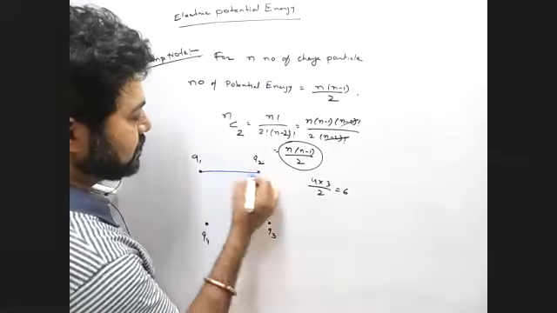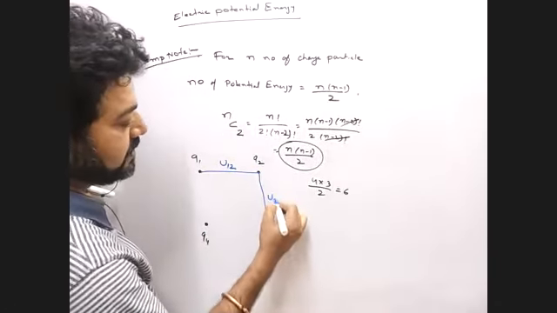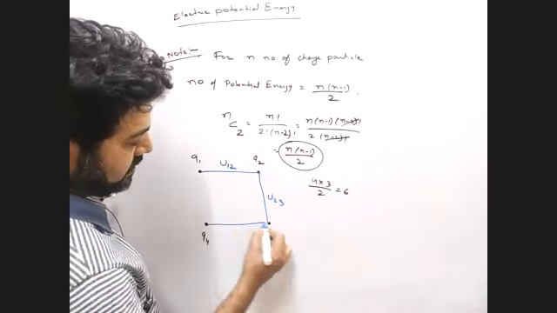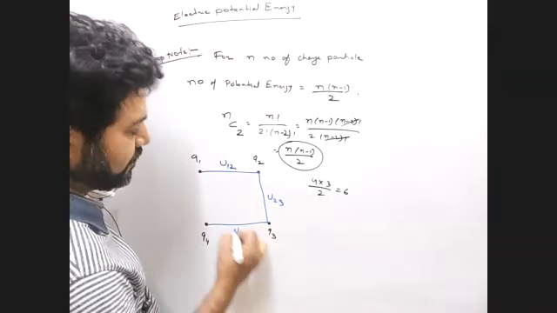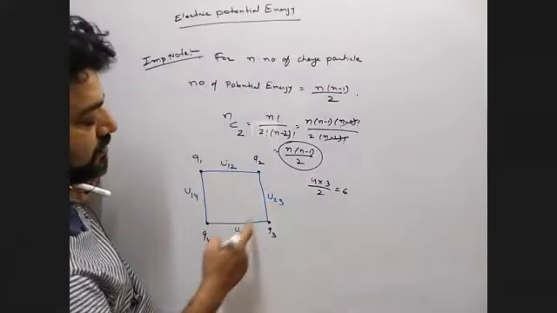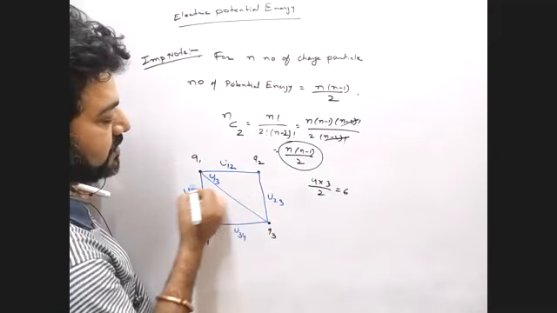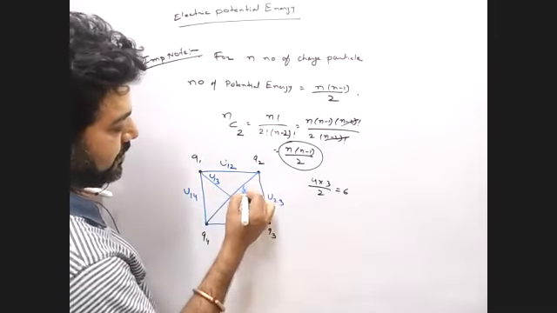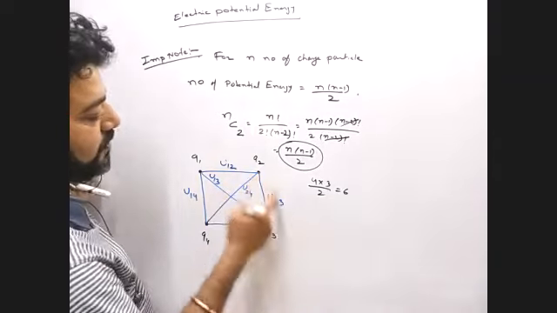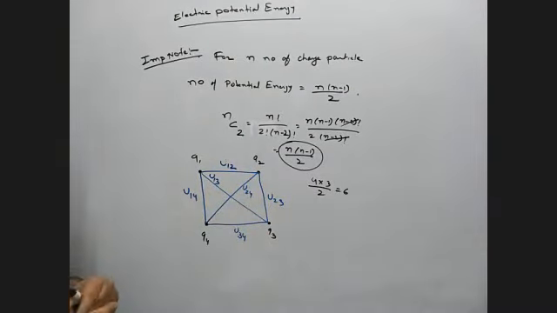Between 1 and 2, 1; between 2 and 3, 2; between 3 and 4, 3; between 1 and 4, 4; between 1 and 3, 5; between 2 and 4, 6. Total 6 potential energies possible.